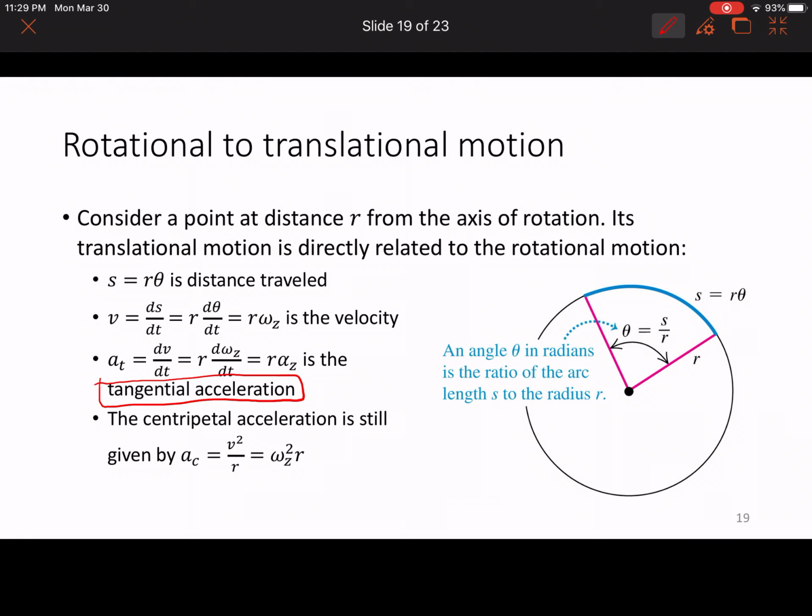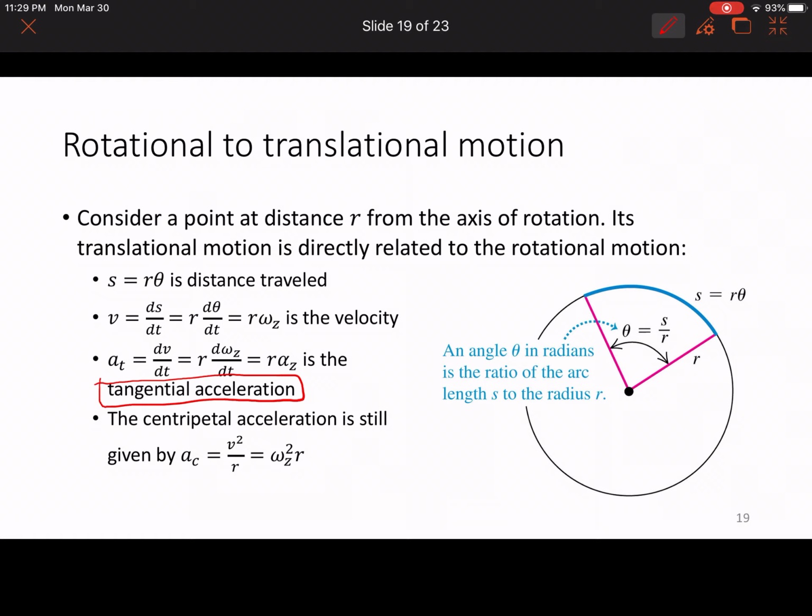For those of you who stayed for my little calculus tutorial, you may vaguely remember this when we talked about circular motion way back when. We can actually see this directly from the calculus. And for those of you who don't remember, you can go revisit my notes. You'll see that basically this math is there.